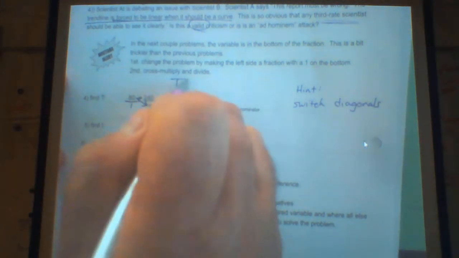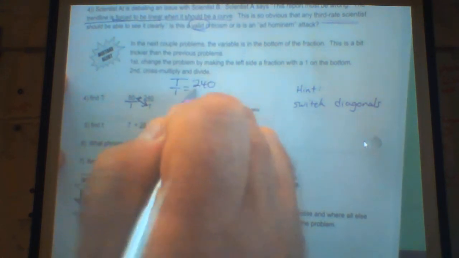There is a property of proportions that says that we can switch diagonals. And so instead of 80 over 1 equals 240 over t, we'd have t over 1 equals 240 over 80. And we don't even have to think about this over one part. We could scribble that out, or we could whiten it out.